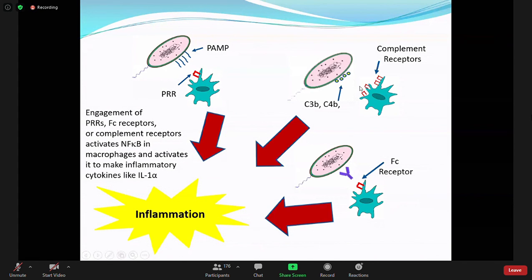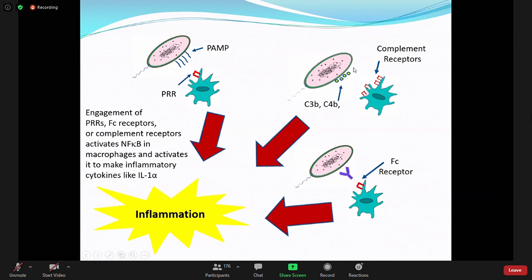Then you can also get a type of opsonization in the case of these complement receptors, C3b and C4b, which tag the microbe and then activate the complement receptors on the macrophage, which can also have similar effects of stimulating NF-kappa B and so on.